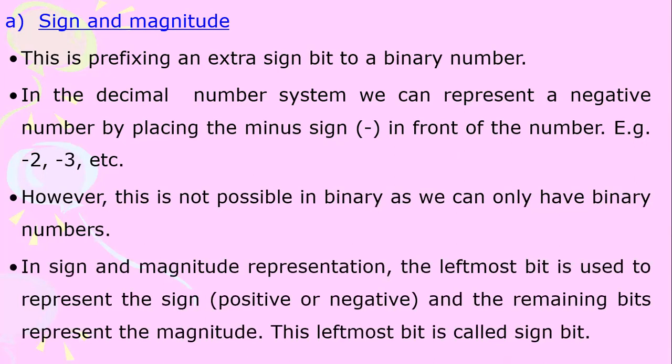In sign and magnitude representation, the leftmost bit is used to represent the sign, that is positive or negative, and the remaining bits represent the magnitude. This leftmost bit is called the sign bit.